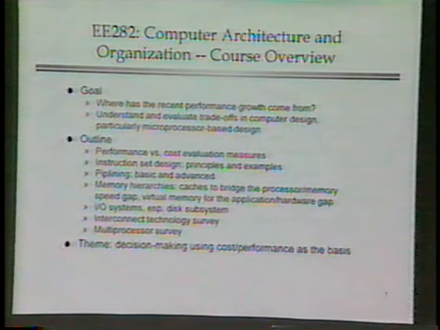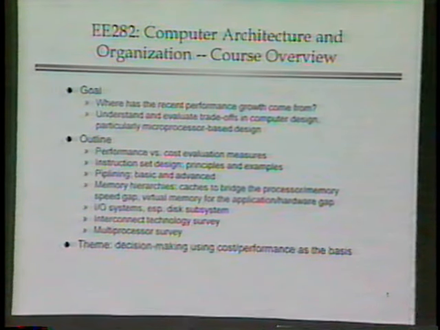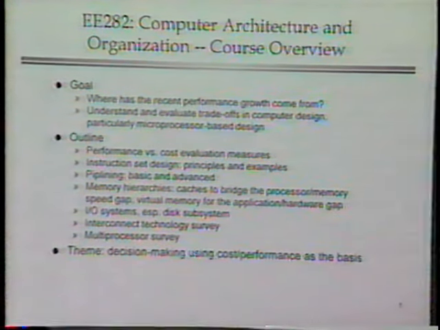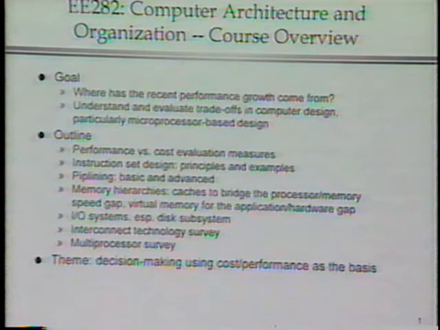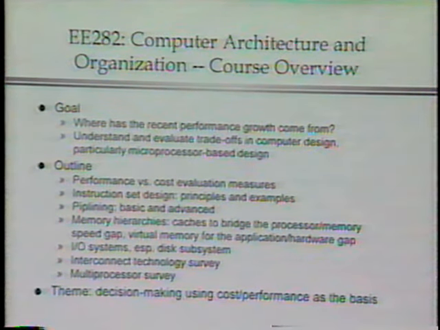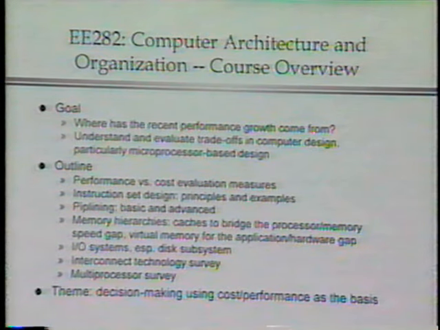One of the main focuses of this course will be to try to understand where that recent performance growth has come from, and understand what the trade-offs are in the design of computers, in particular in microprocessor-based design. And in fact, that's one of the differences between the course as taught now and the course as taught 20 years ago. 20 years ago, people were focused on mainframes, big computers, because that's what people were designing, and now the course is focused almost entirely on microprocessors, what you can put in a single chip.